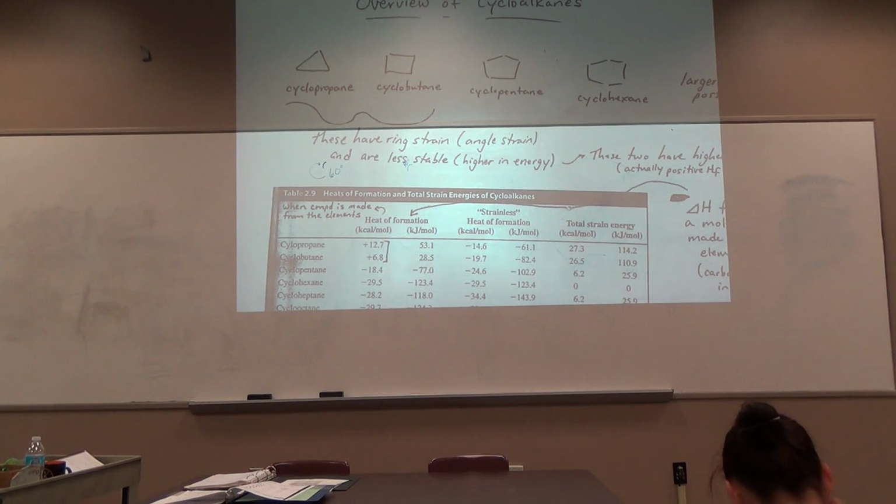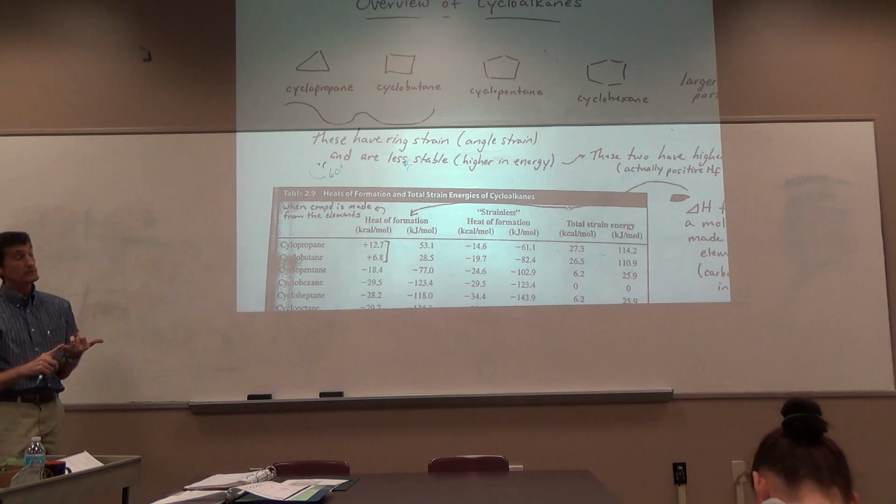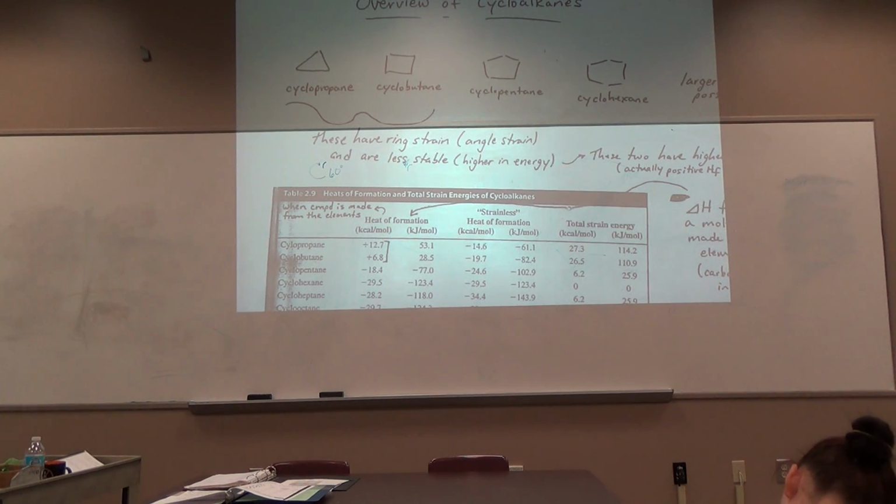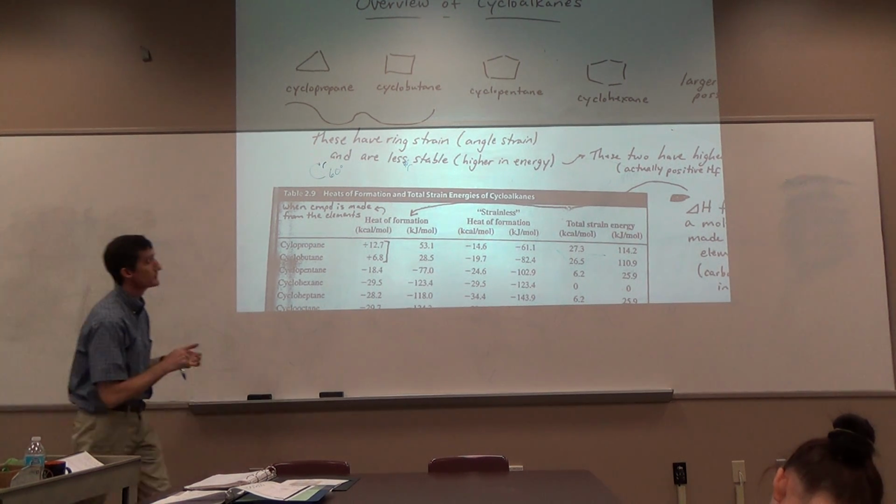So, why is it created in nature if it's significantly less stable? That's a good question, but what we do know is it can be made. It's just important to realize that.